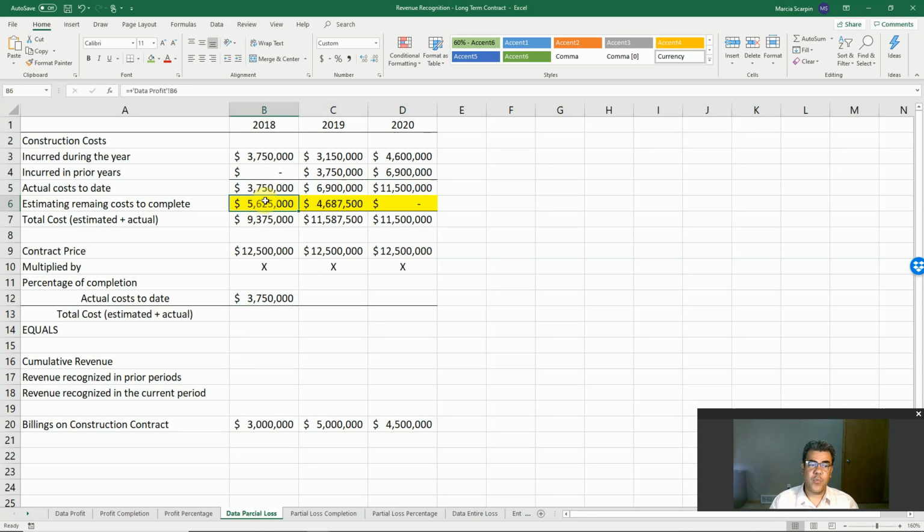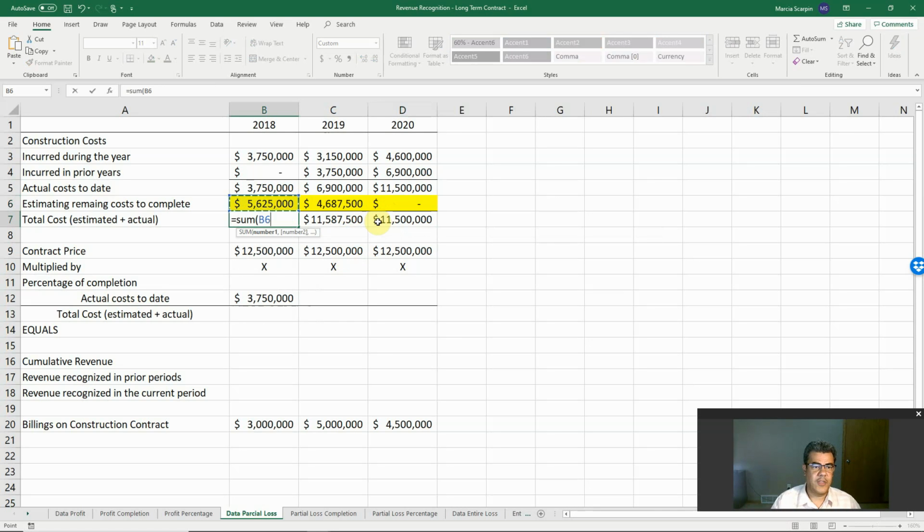So we need the remaining cost to complete. We will have it for every year but the last one. The last one we don't have it because it's done, it's finished. Okay, at the end of the first year, the estimated remaining cost is $5.6 million. So the total cost will be 9.3.